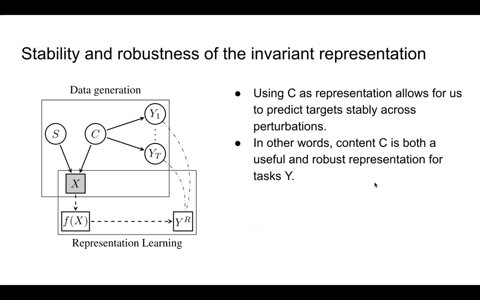So it will be stable and robust under different environments. So content C is both a useful and robust representation for task Y. That's the setup, the causal graph of this and assumptions of this problem.